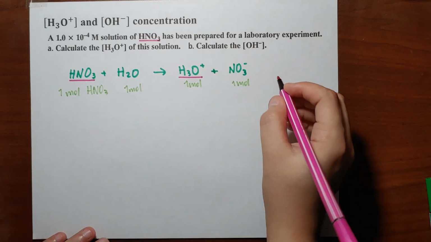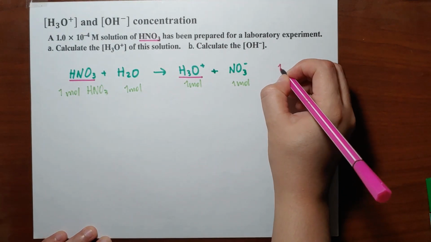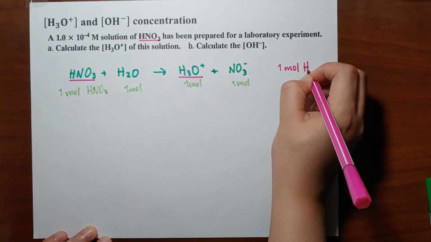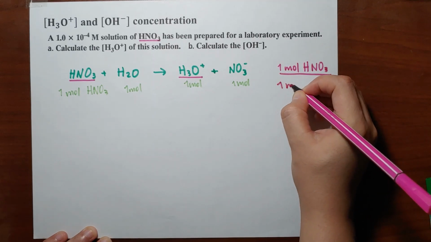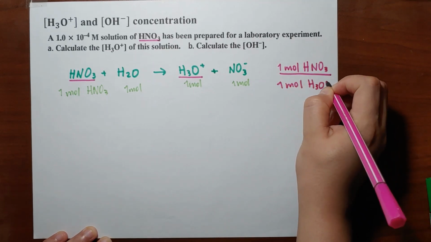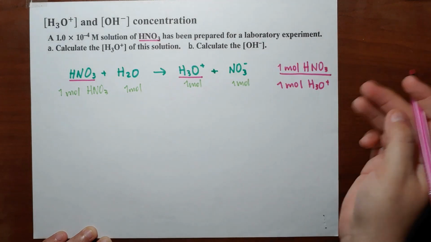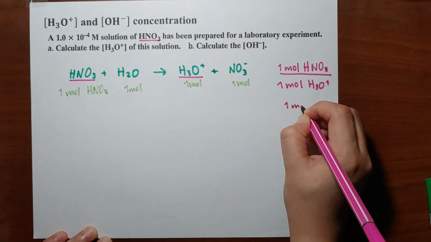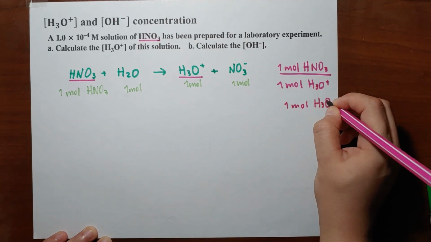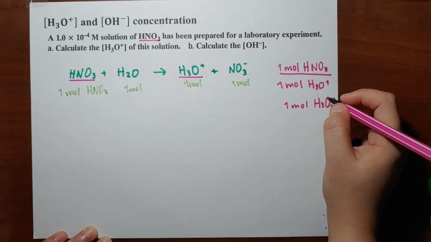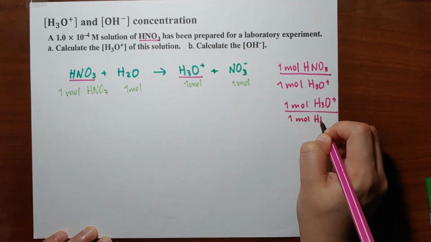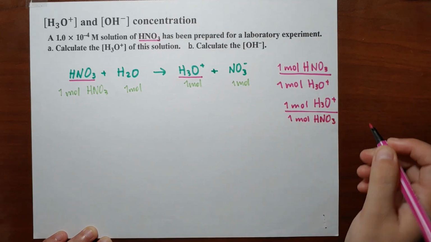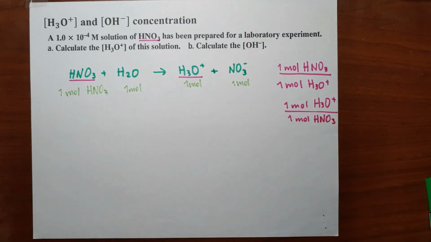This mole ratio is 1 mole nitrate over 1 mole of hydronium, or it could be 1 mole of hydronium divided by 1 mole of nitric acid. These are the two possibilities. Okay, so how is this going to work?